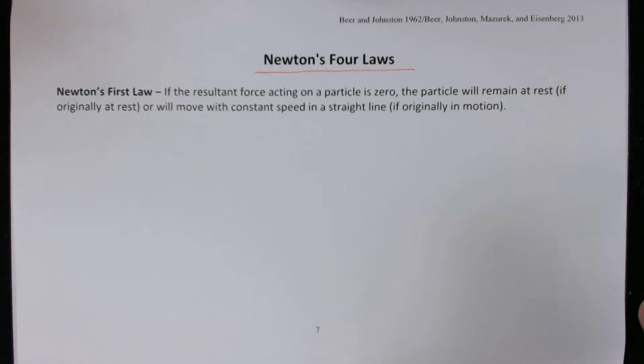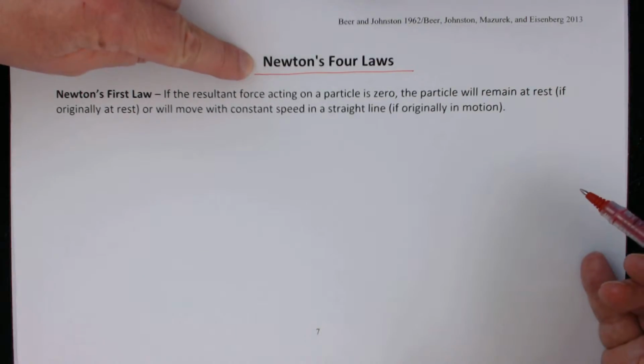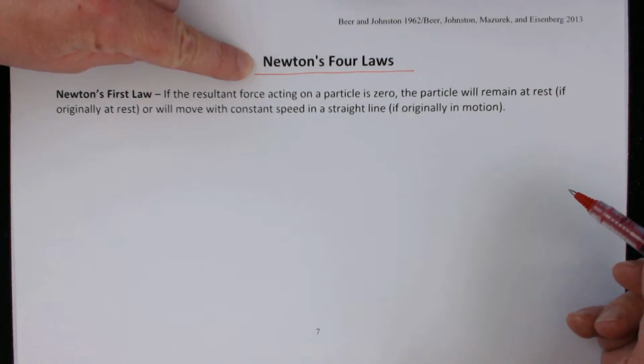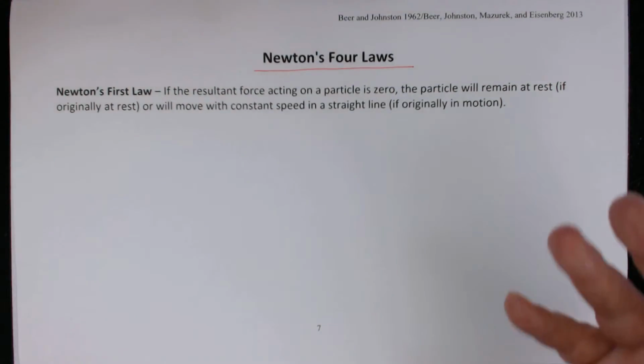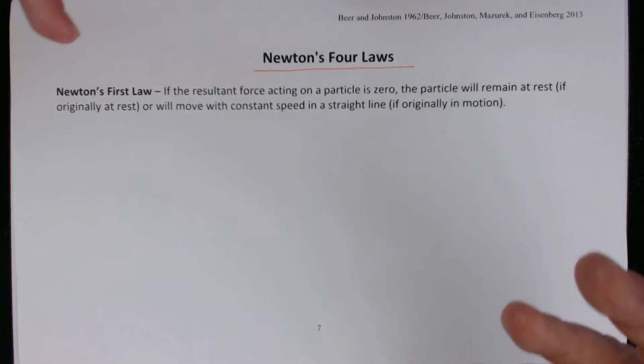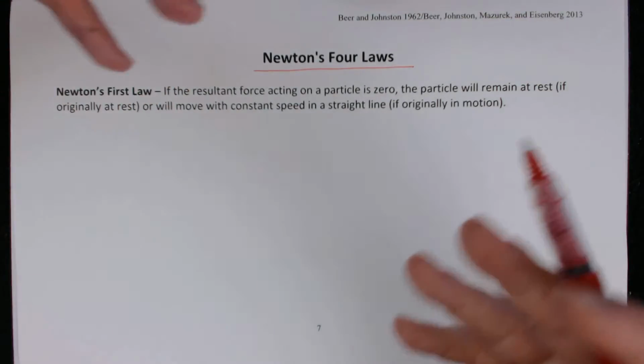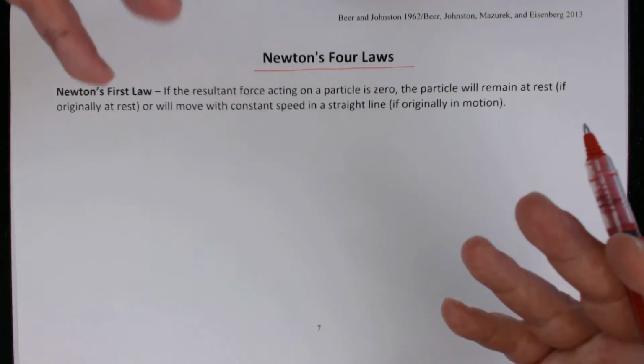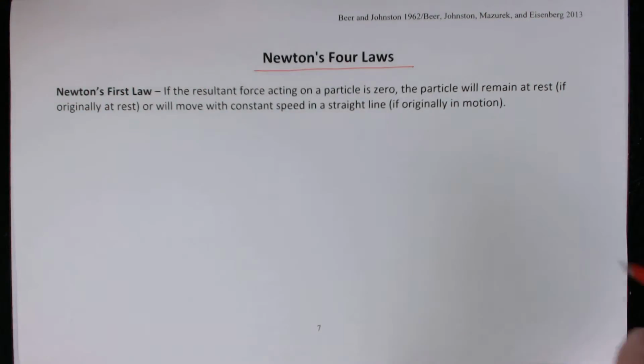Well, the reason I'm saying that is because when you get to 363 and you start trying to work those problems, if you don't have a full comprehension of the fact that there are four independent laws presented by Newton, they're not interrelated. I mean, you can make some arguments that there are some interrelations, but Newton's law of gravitation has nothing whatsoever to do with Newton's second law.